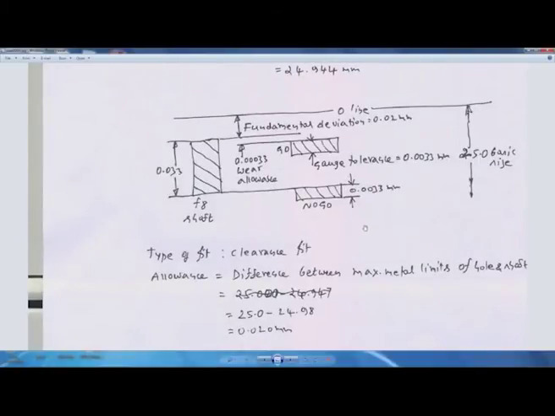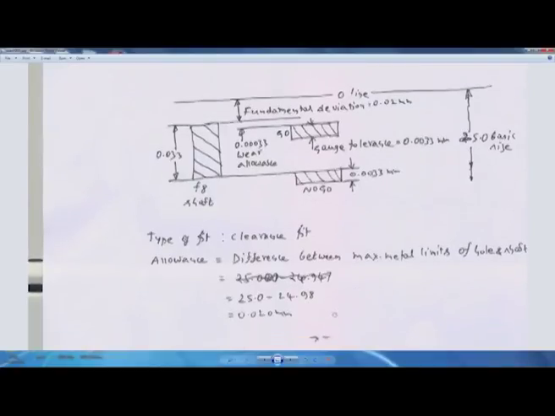Now since the maximum size of the shaft is smaller than the minimum size of the hole, we have a clearance fit here, and the allowance is equal to the difference between the maximum metal limits of the hole and shaft. The maximum metal limit for the hole is 25 millimeter and for the shaft is 24.98, so the allowance is 0.020 millimeter.